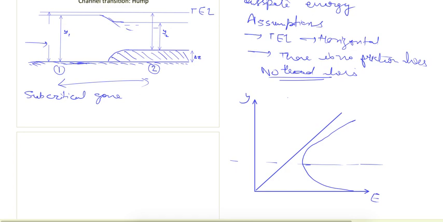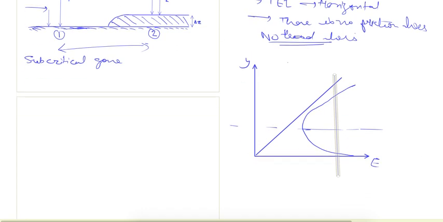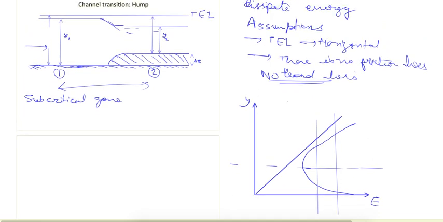So from the specific energy diagram we can see that, let's say this is the specific energy at section 1, and because we are putting a hump, there will be a reduction in specific energy at section 2. We can understand it here, like total energy is remaining constant in the channel.